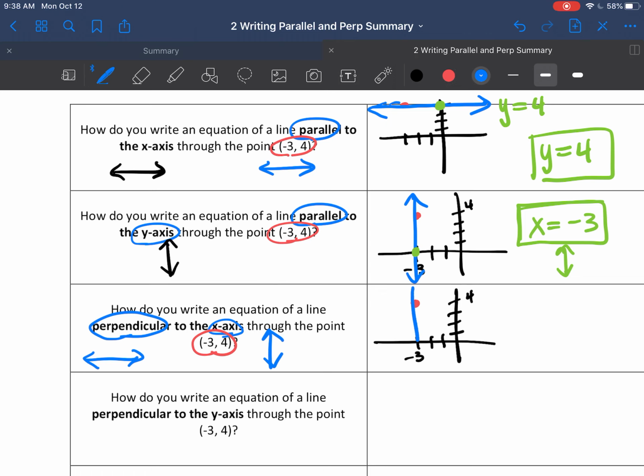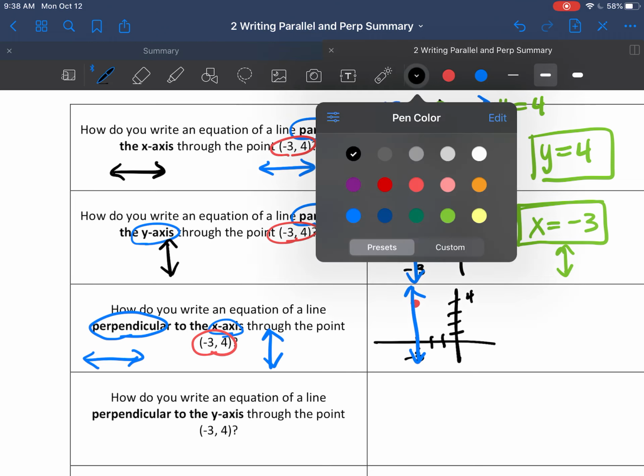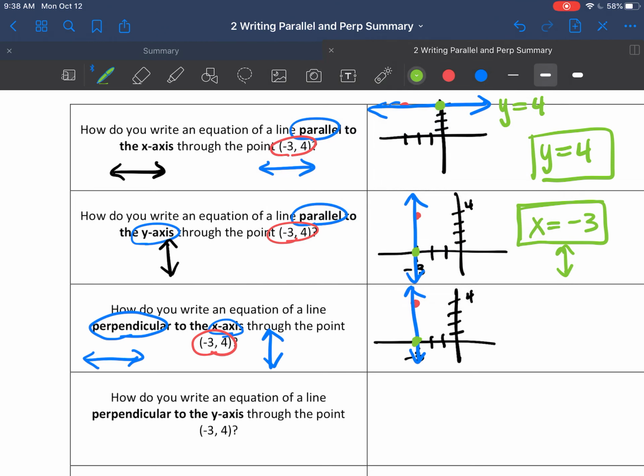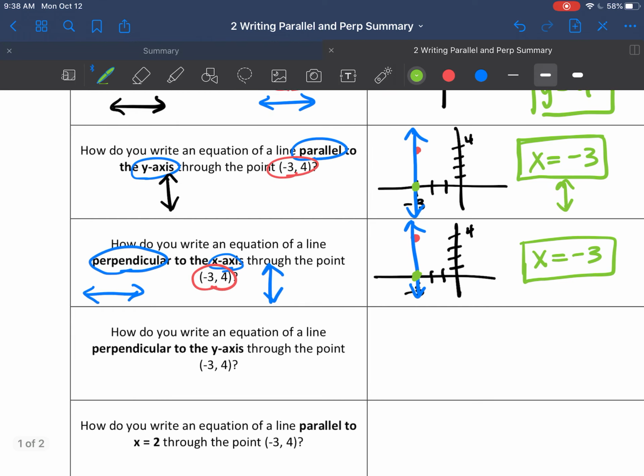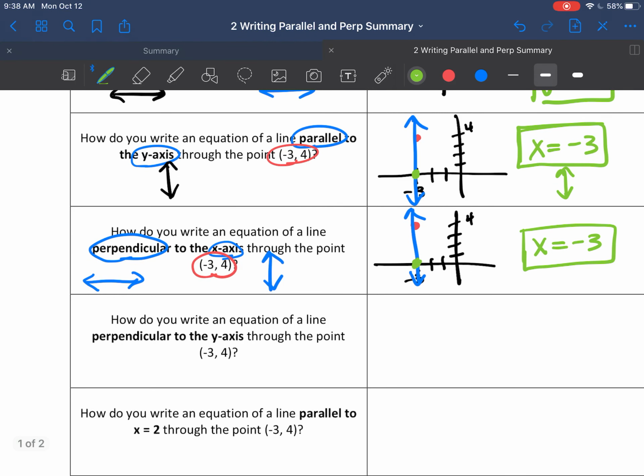And then perpendicular to the x-axis means it slices just like that and crosses at the x equals -3 spot. So same equation as the previous one, only this time we viewed it as perpendicular to the x-axis instead of parallel to the y-axis. You can see how these can be really easy to mess up. Flipping between parallel and perpendicular, x-axis, y-axis, I always have to draw my picture.